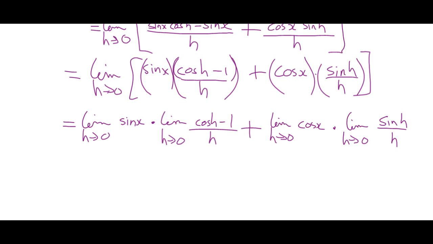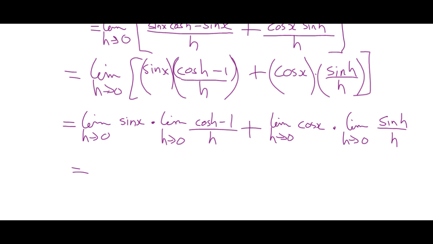Okay, so we take the limit of an expression. This is a product, so it's the product of the limits, and this is the sum, so it's the sum of the two products of the limits. All right, what's the limit as h approaches 0 of sine x? It's sine x, right? Who cares? It's a constant compared to the h.